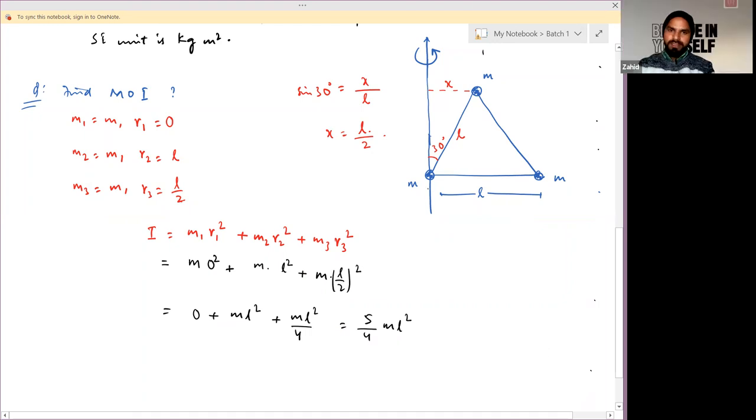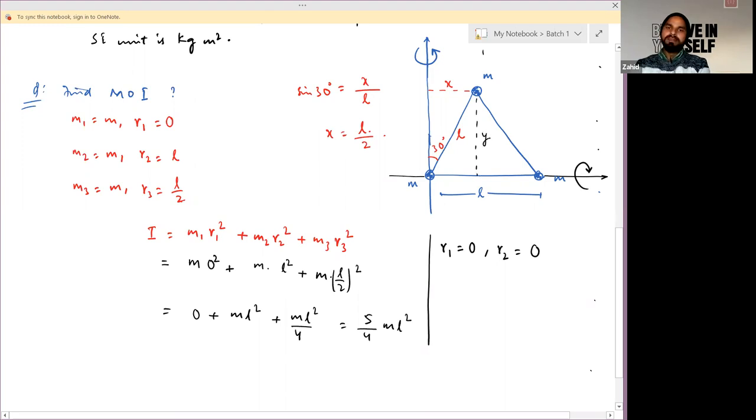Similarly, if you have to find the moment of inertia along the x-axis, then from this axis R1 will be 0 since it is at the origin, and R2 will also be 0. It is again on this axis, and R3 will be the perpendicular separation from this.